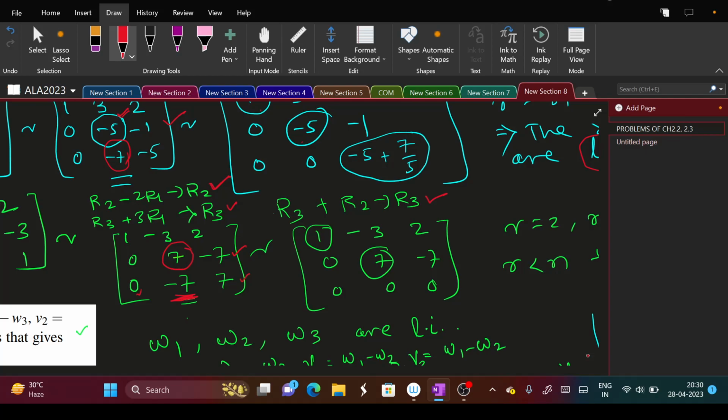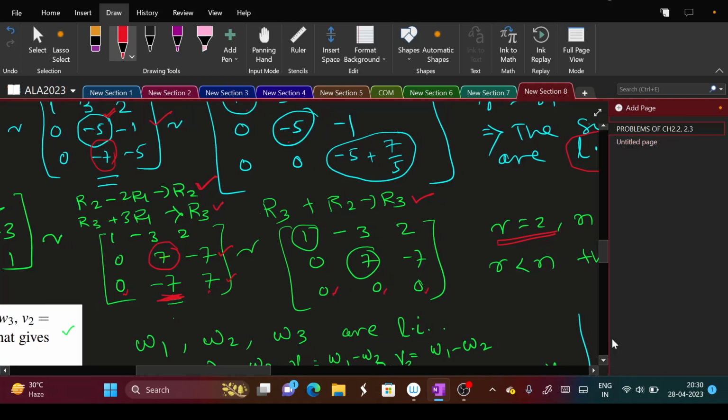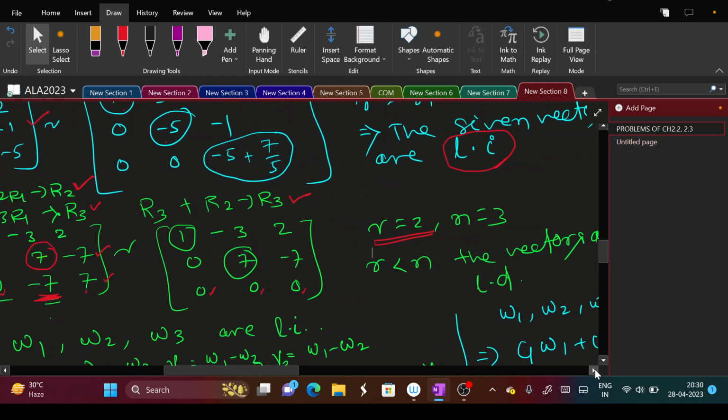The first two rows are just copied. Third row: 0 plus 0 is 0, minus 7 plus 7 is 0, 7 minus 7 is 0. So that means only two non-zero pivots are there. So its rank is 2, but the number of vectors is 3. Hence the vectors are linearly dependent.